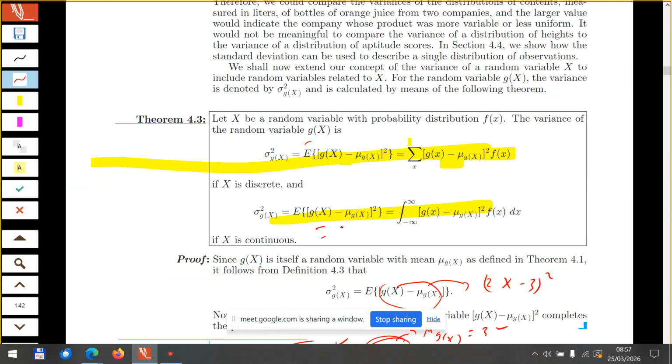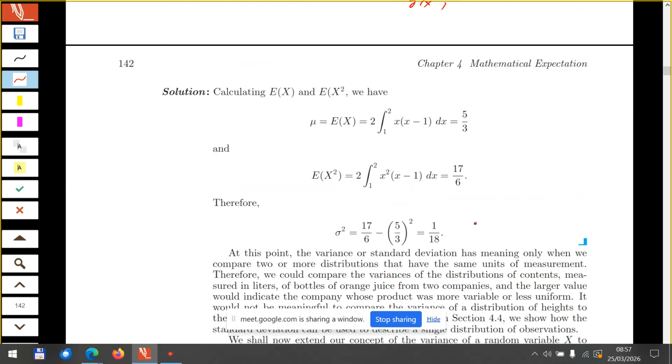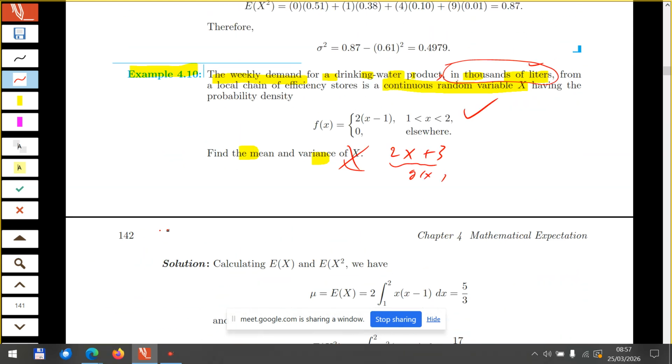This one. So what do we need first? We first need mu g of x, right? So what is mu g of x? It will be mu 2x plus 3, which is the expected value of 2x plus 3, right? And it will be the integral of g of x times the density, right?